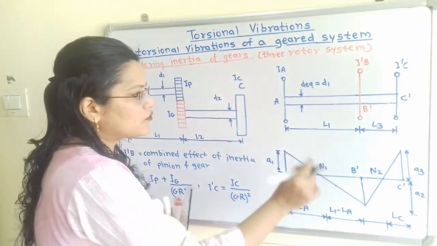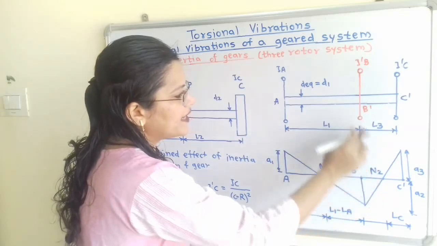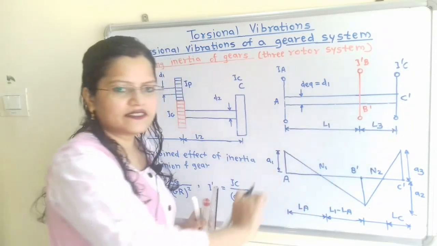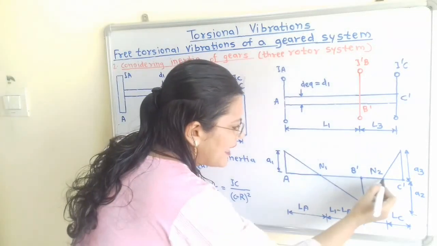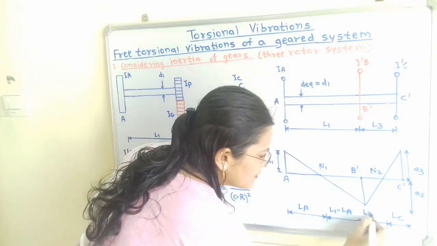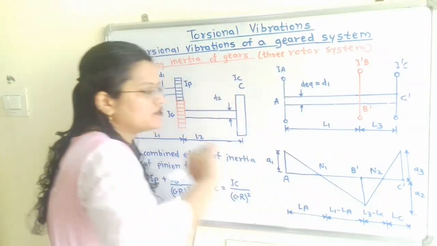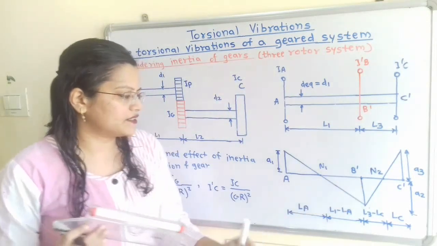Now how to calculate the distance of node point N2 from B dash? The total distance between B dash and C dash is L3. So the remaining distance is L3 minus LC, which is the distance of node point N2 from B dash.